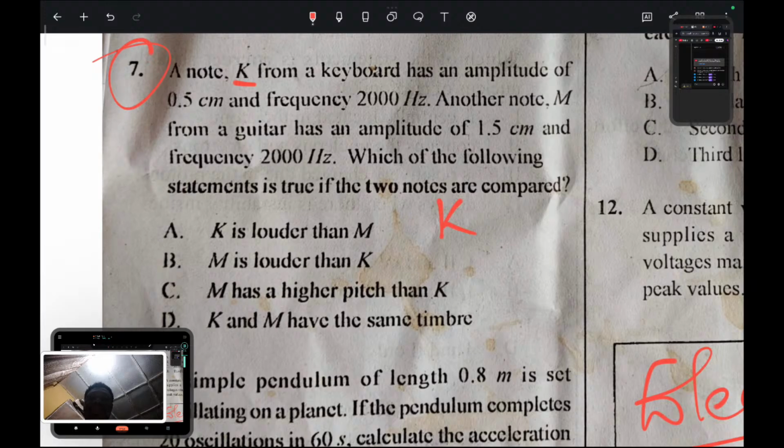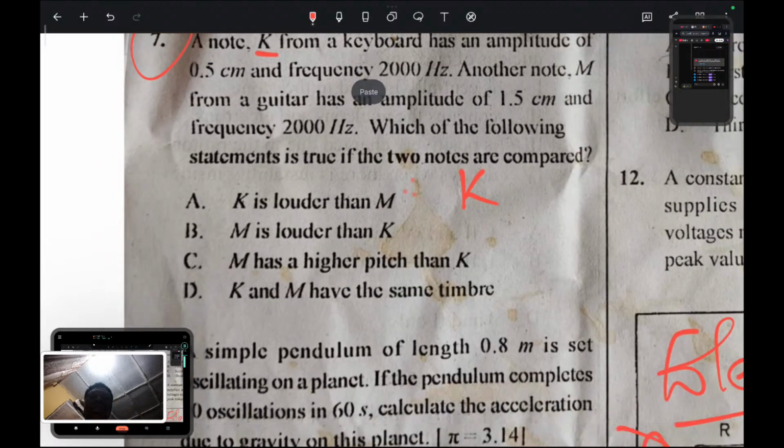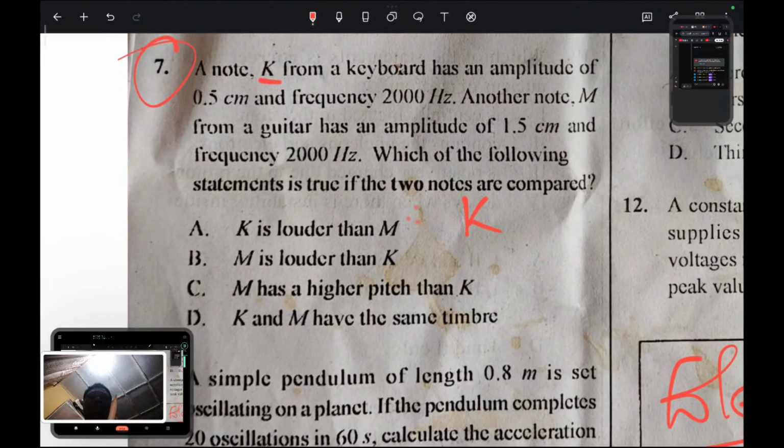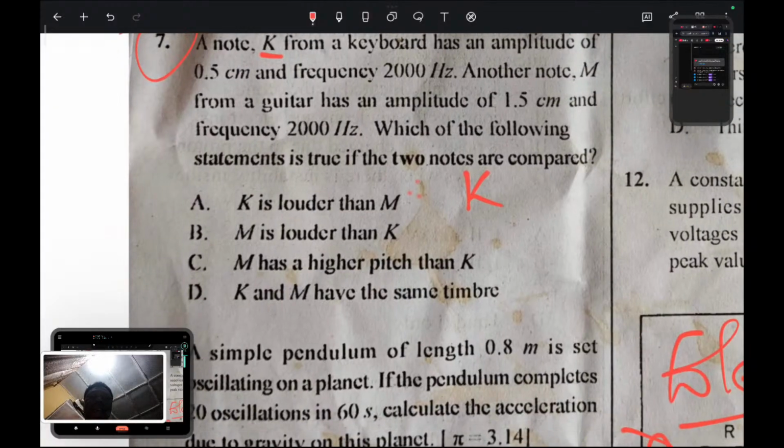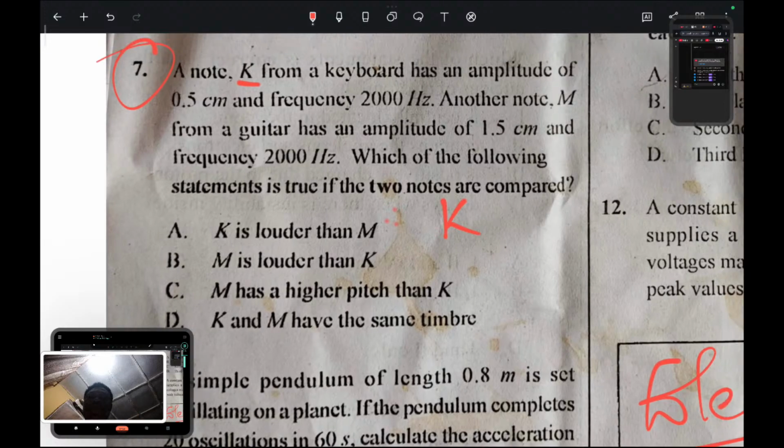But the fact is, if you look at the options, you will see that the options have no mathematical figures or values, which is why yesterday I told you guys to always check your options first before even reading the question, because the options will guide you as to what you are looking for and how your answer is going to be written. So our goal is to find a connection between K and M, the relationship.